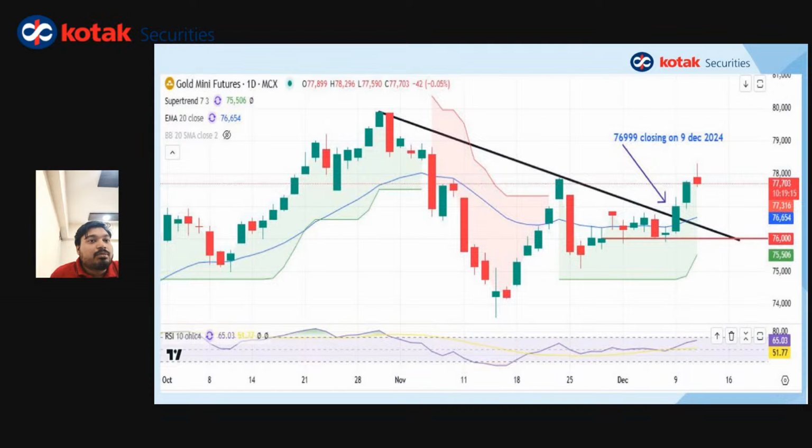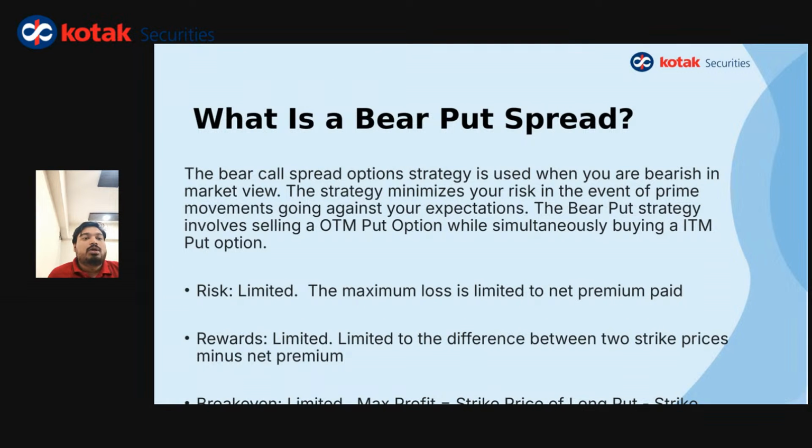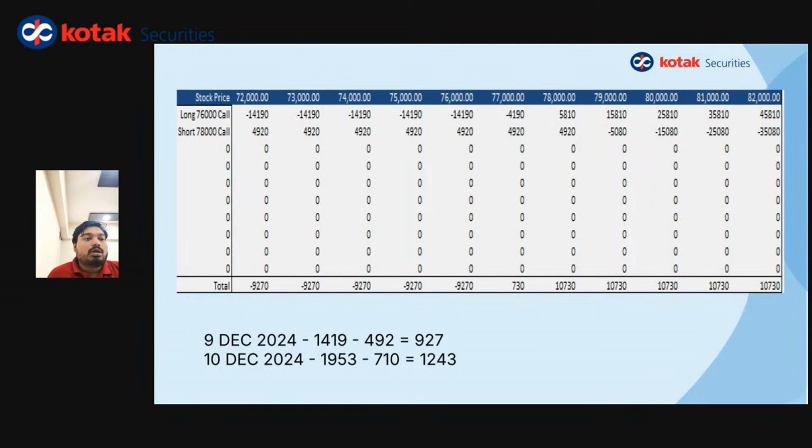I am just taking yesterday's closing, the small move it made after Monday's closing. So on 10th of December, we see that the 76,000 gold mini December call option closed at 1953, while the 78,000 call option closed at 710.